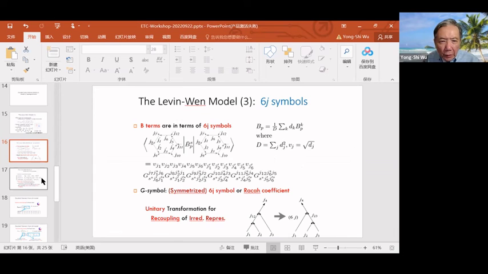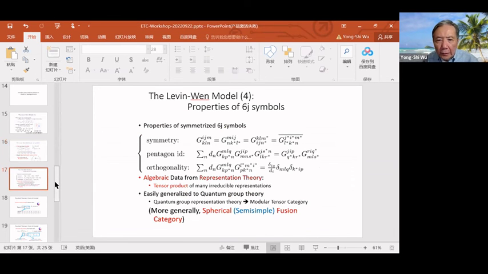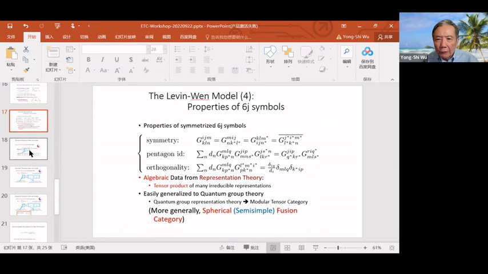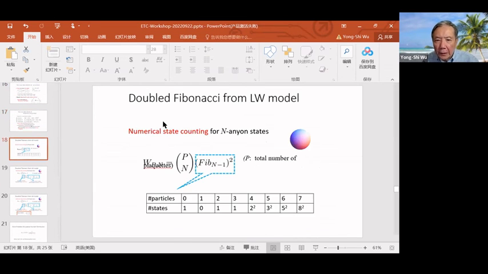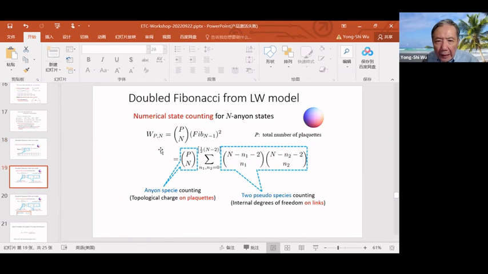So for the so-called double Fibonacci model, we can calculate the exact spectrum, and we can show that the statistical weight satisfies the form we have, namely a product of different species.